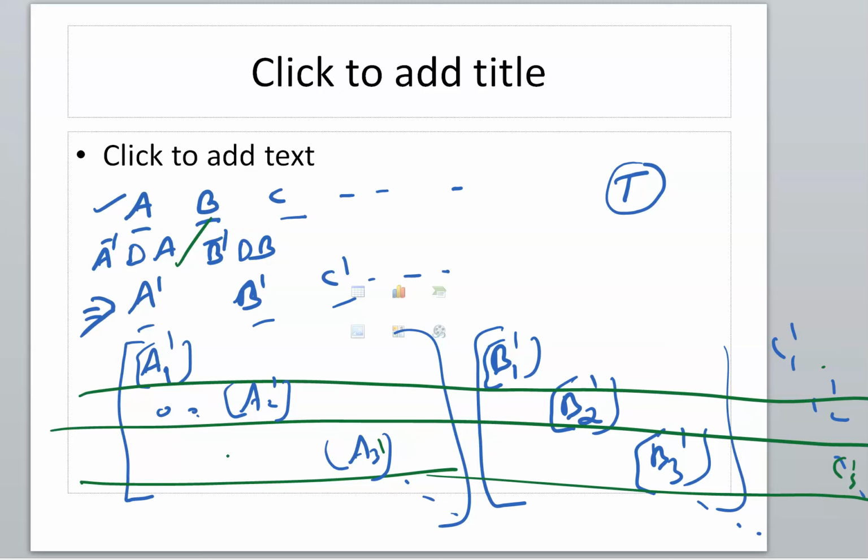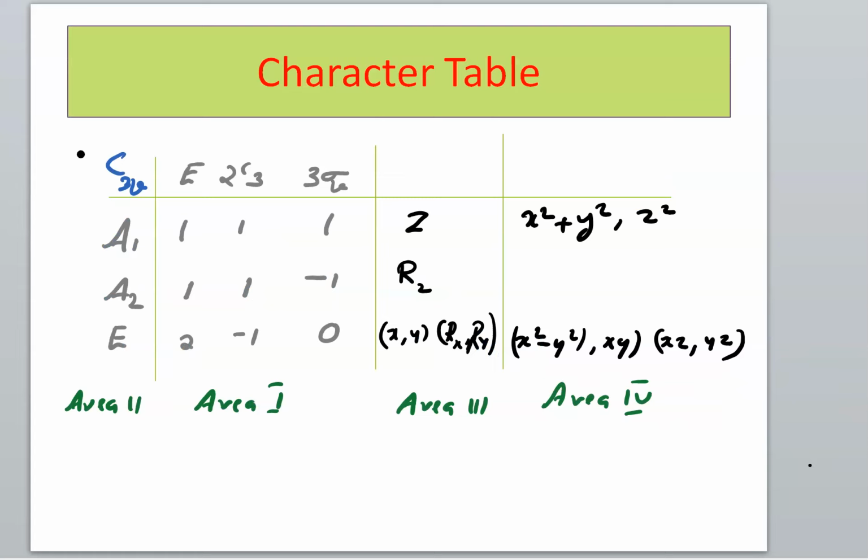Now we are moving to some other areas of this chapter. One of the very important things in group theory is the character table. Actually, the backbone of group theory is the character table. Every point group has a specific character table. From the character table, we can get a vast amount of information about the particular molecule.